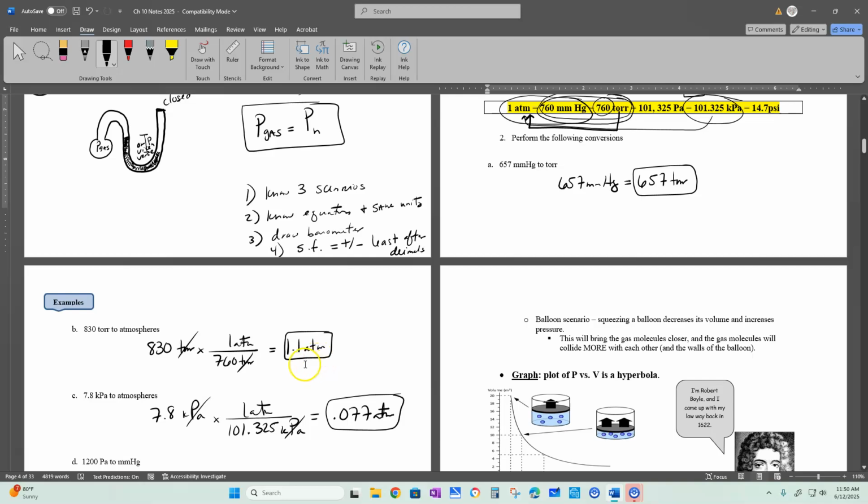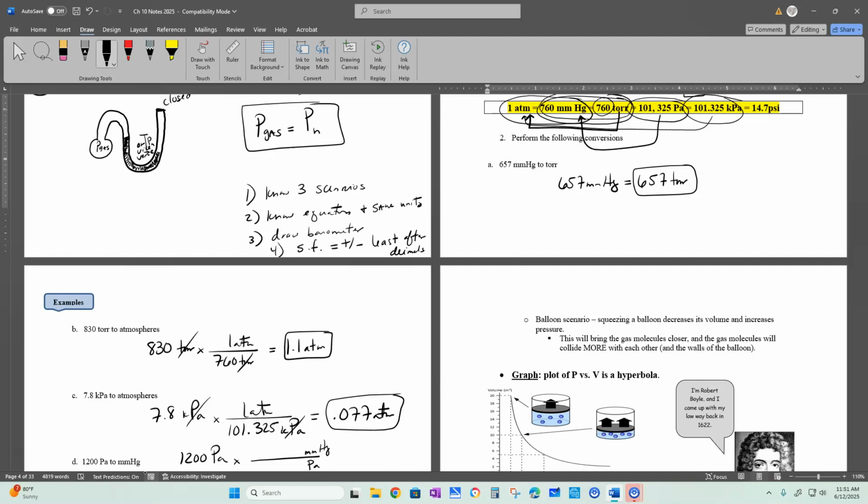Okay? So it's just like when you calculate, ladies and gentlemen, grams to moles. You're just doing a conversion. So 1200 PA, Pascal, and I want to go to mmHg. Well, this time you're actually going to have 2 values, top and bottom. We've only had just one value on the bottom and just 1 ATM on top. So for Pascal, 101.325, and I want to go to mmHg.